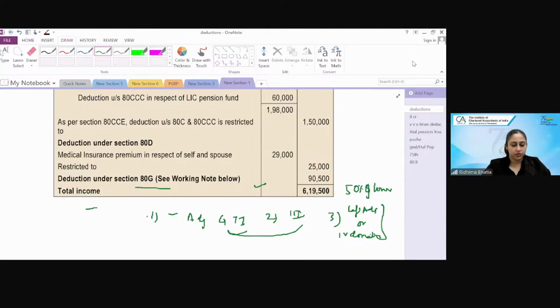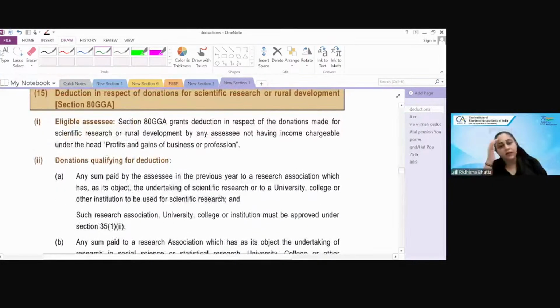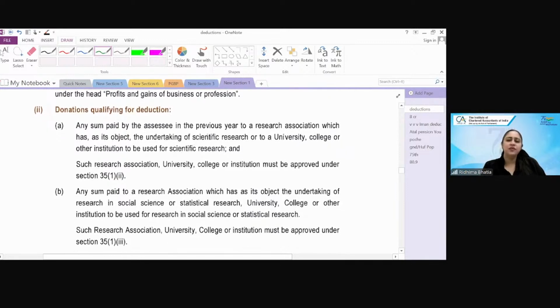80GG is only for individuals. Next, donations under 80GGA. As soon as you see the list of donations, what is covered: deduction in respect of donations for scientific research and rural development. And the moment I say this, you will say, ma'am, we have studied this somewhere.